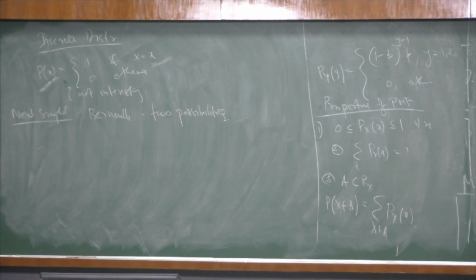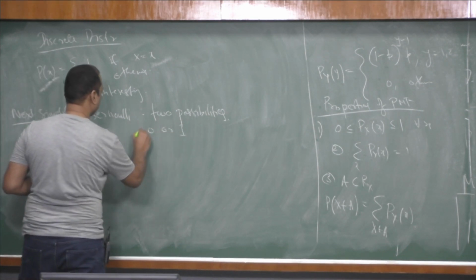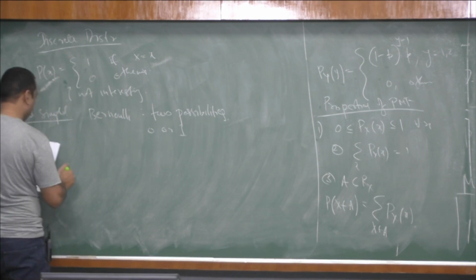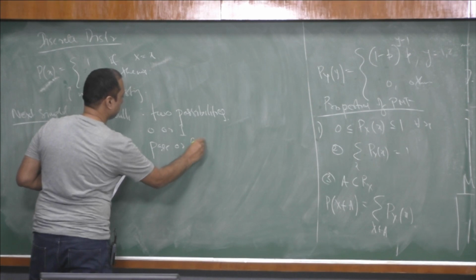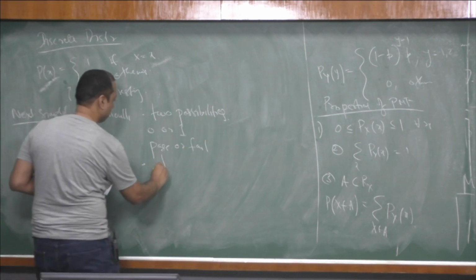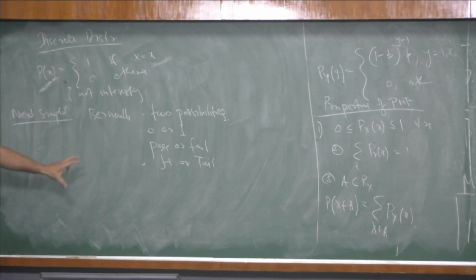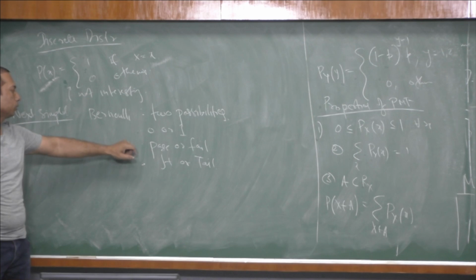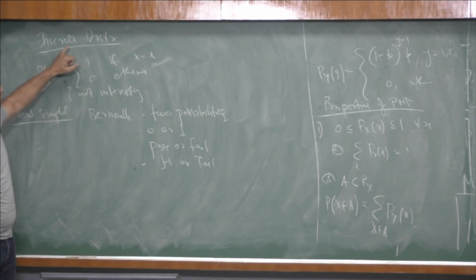At least I want two possibilities to work with. So it could be 0 or 1, it could be pass or fail, it could be heads or tails, and so on. So any experiment where you have two outcomes can be modeled via discrete distributions.